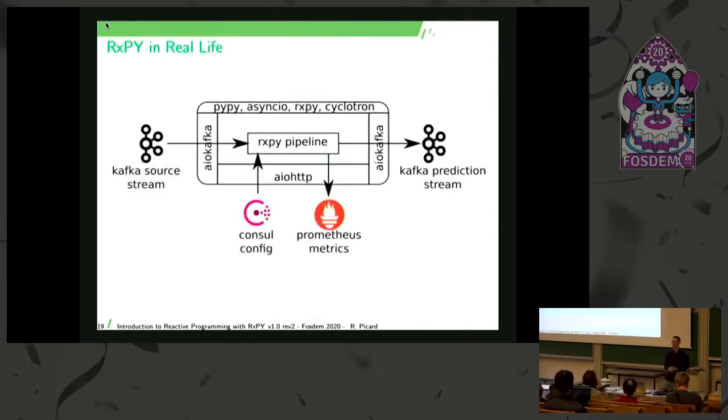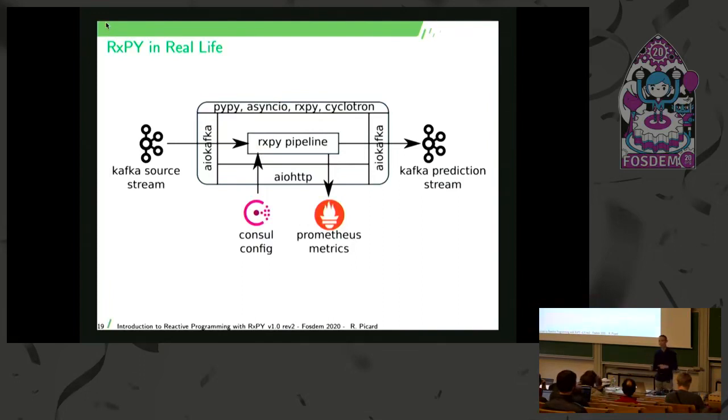So how can we use it in real life? That's a typical example on how my team deploy machine learning models on our backend. So each model is deployed as a Docker container. And we use PyPy as an interpreter. We use async I/O for all the input-output management.